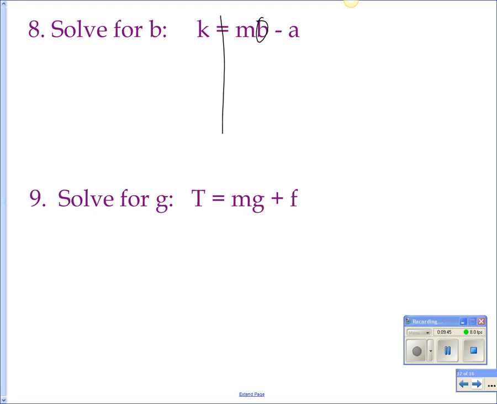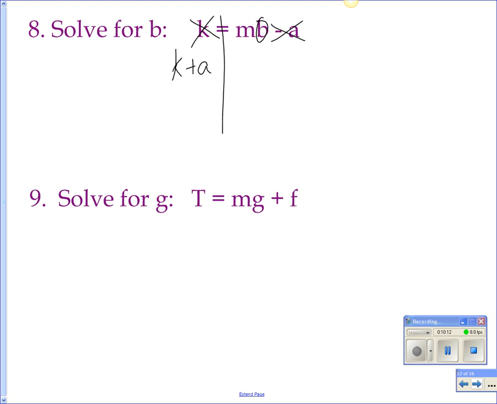M. M and B are best friends. Steven, which letter should I move first, the M or the A? Good, because this one's not best friends, all right? Stephen, how do you get rid of minus A? What's the opposite of minus an A? So I'm going to put K plus A over here. All right, so I'm just dropping that down.